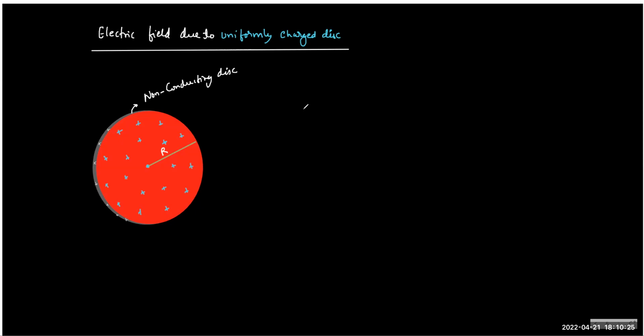Okay. So basically, if you look at the side view, let's say if I do the side view of the disk, so this is like a diameter part. The charge is everywhere.